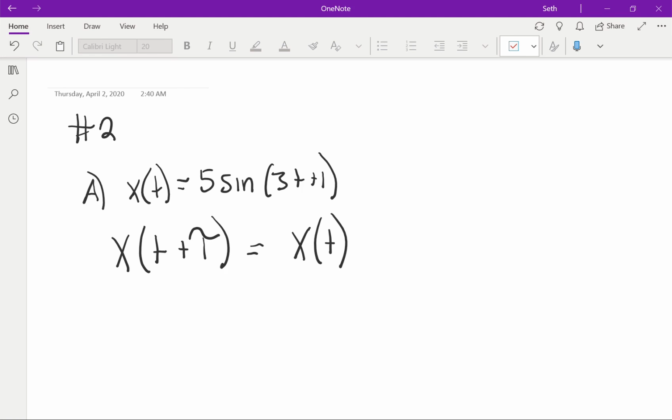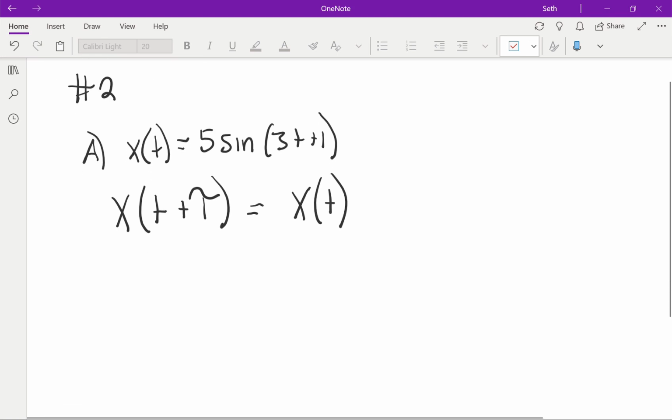So basically, the formal statement, just to be perfectly clear, is for all t, there is a tau such that x of t plus tau equals x of t.